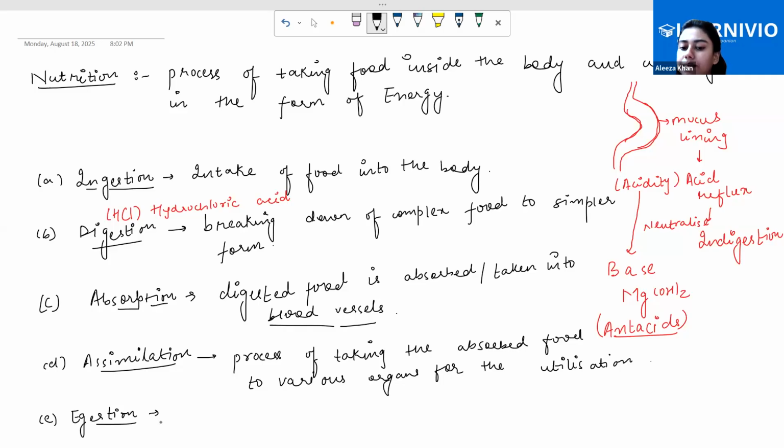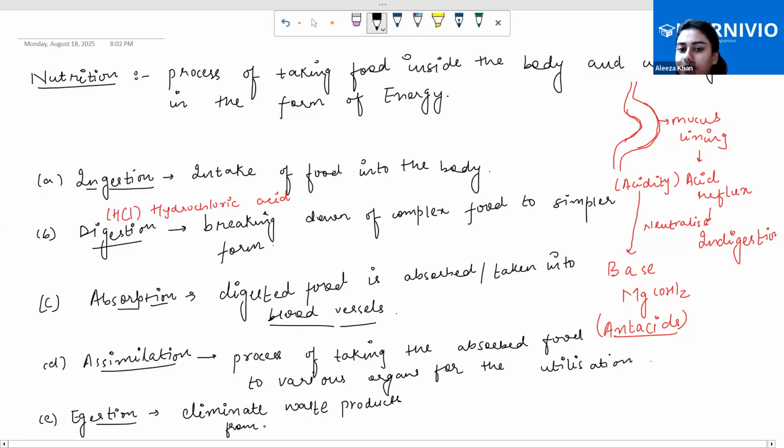It is the way by which the body eliminates undigested food, in simple terms, eliminates waste products from the body, through the anus.